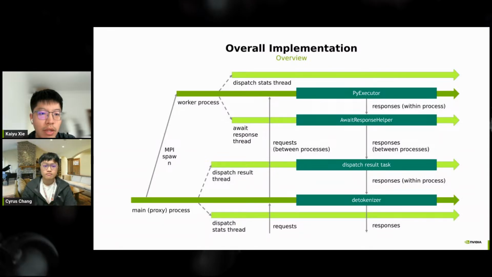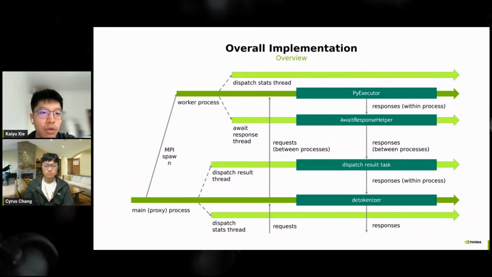And when the request reaches the main process, it will first be directly given to the worker process through inter-process communication, and the main process is going to create different threads, and the worker process is going to create different threads as well.